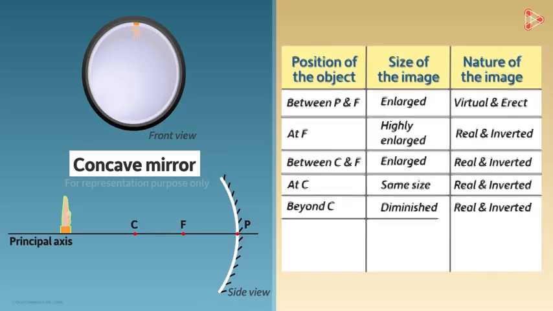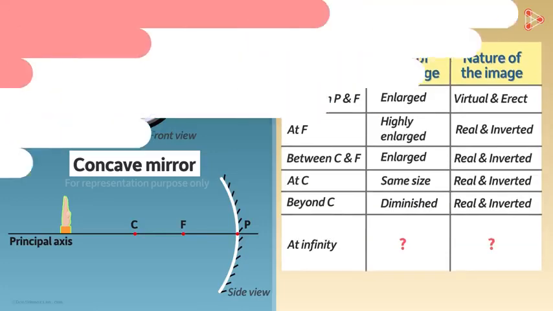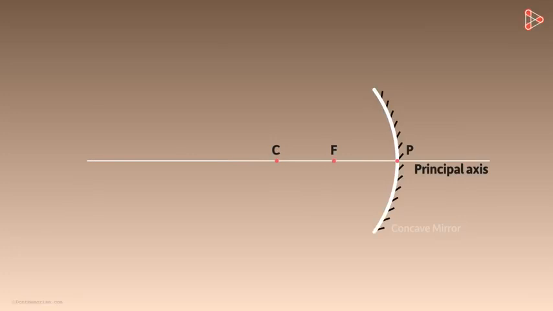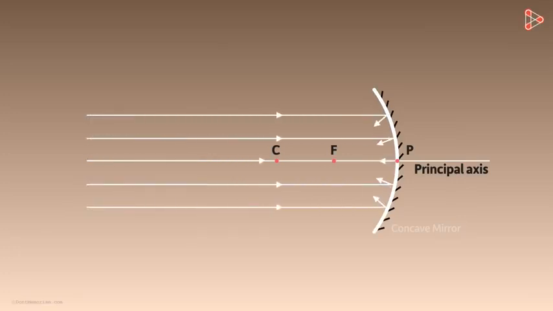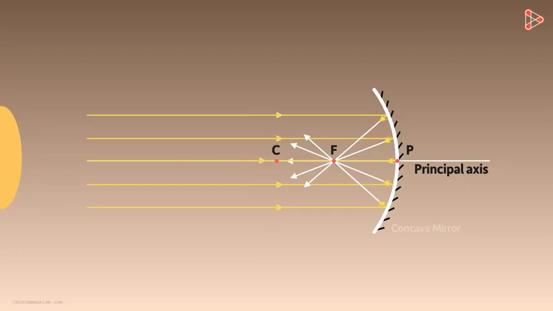What if the object is placed at infinity? Well, if you remember, in our previous video we saw that the rays of light parallel to each other as well as to the principal axis will converge at the focal point. And in that example, our object was the Sun. The Sun is at a very large distance away from the Earth, and hence we consider the rays of light from it reaching the surface of the Earth to be almost parallel. The image of the Sun will be formed at the principal focus.